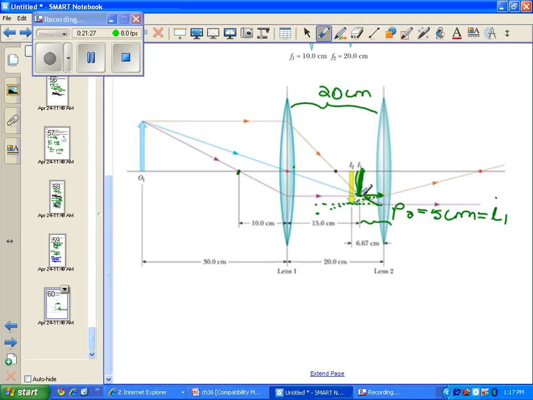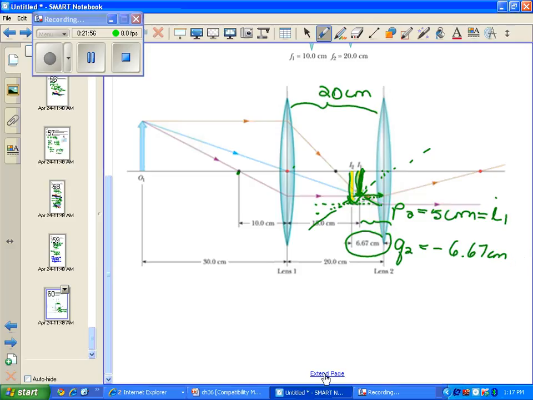And the third one would go through the center, although they didn't show us, and back trace through the center. Well, that intersection there gives us I2, and I2, we are told, is 6.67 centimeters. Well, that would be Q2. Because it's on the same side as the lens, we should expect it to be negative 6.67.